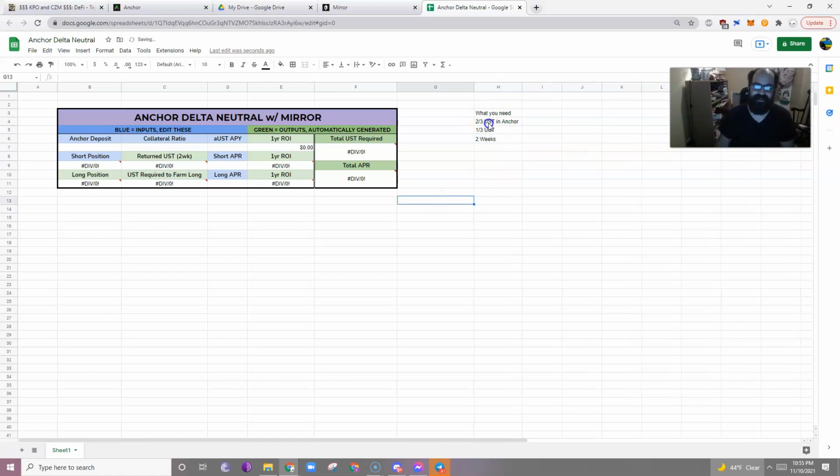You'll need 2/3 of your UST in Anchor, 1/3 as loose UST to utilize, and then you'll need 2 weeks to fully realize this strategy. Now, you can bypass the 2 weeks by having half of your money in Anchor and half of your money as UST, but that's totally up to you, because you don't need to do that, and you'll get a better APR, APY if you just wait the 2 weeks.